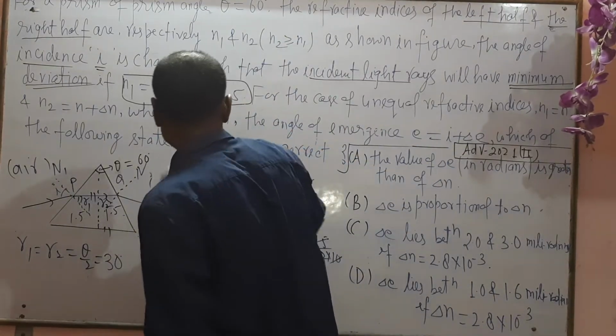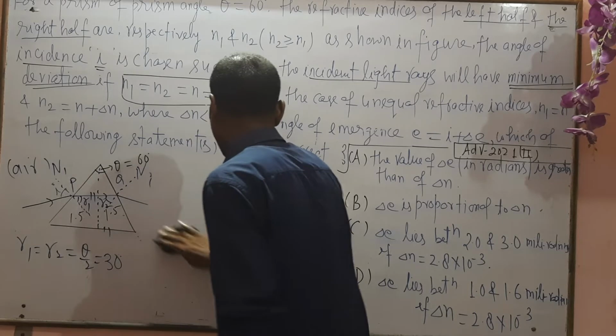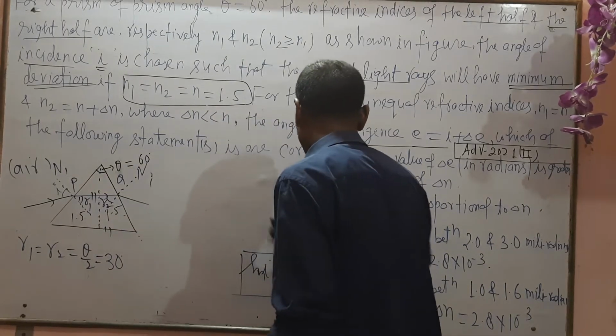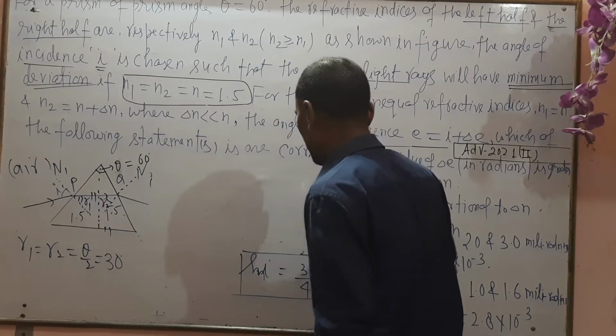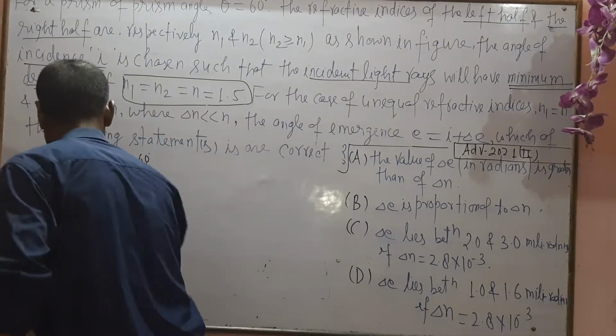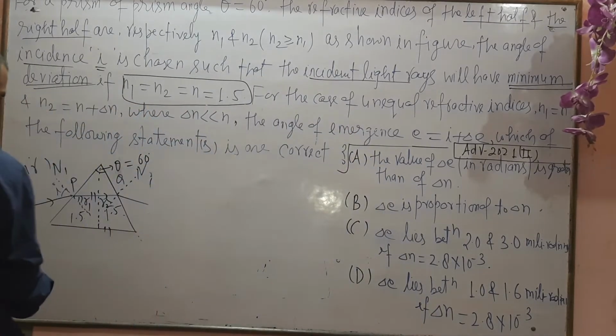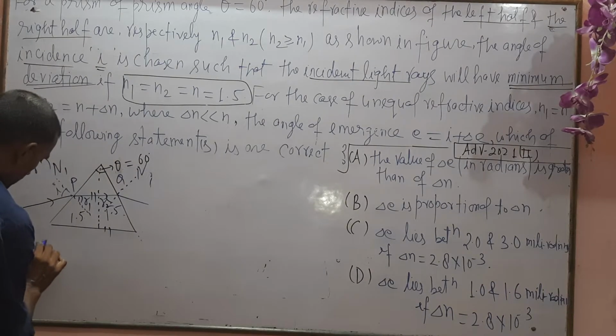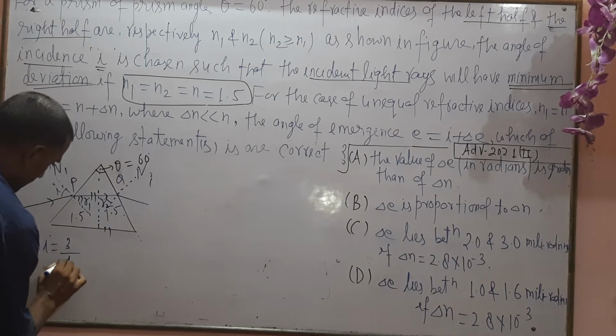This is the known point. By the help of Snell's law, I know the sine of i. Sine i equals 3 by 4.